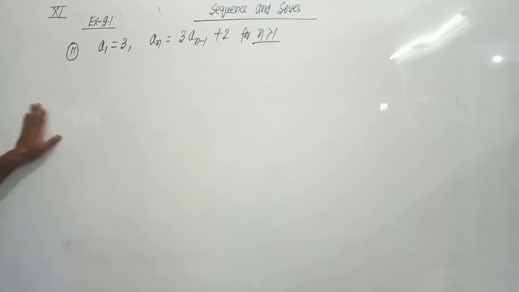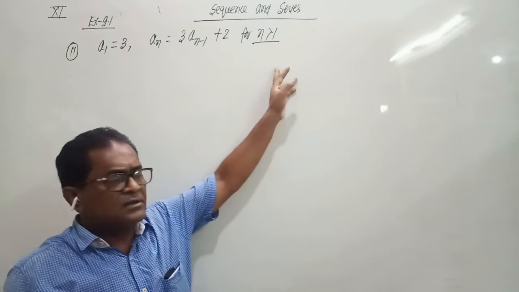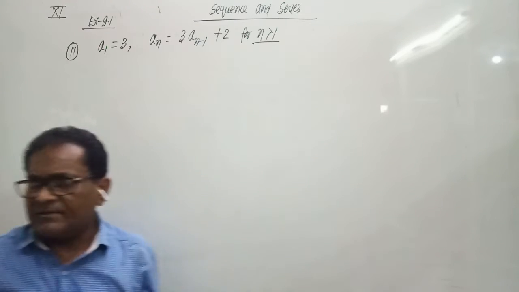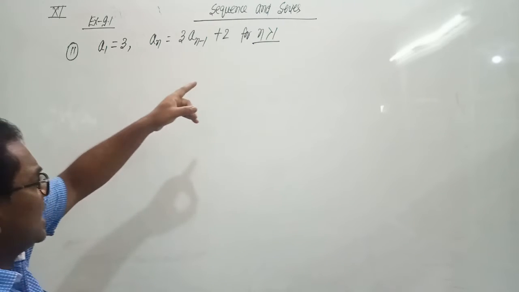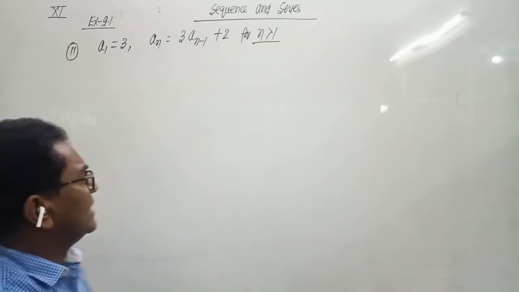Means the value of n which we have to take must be greater than 1. And we have to write the first 5 terms.